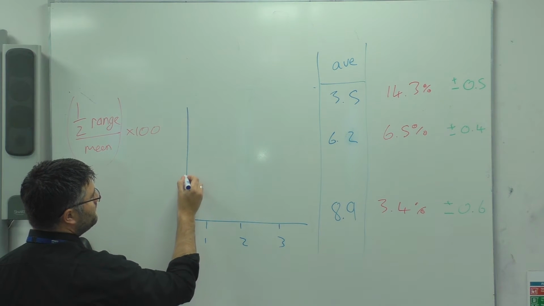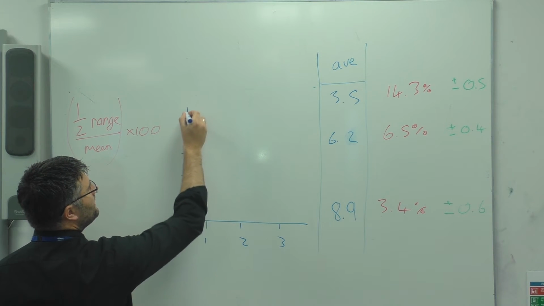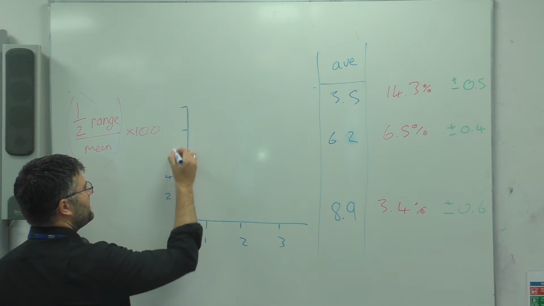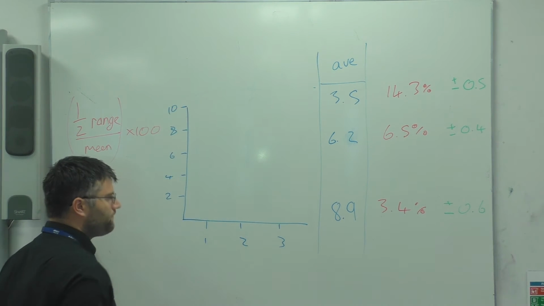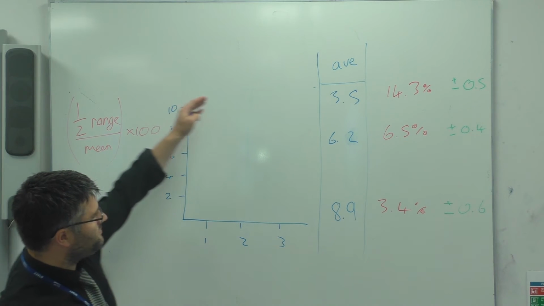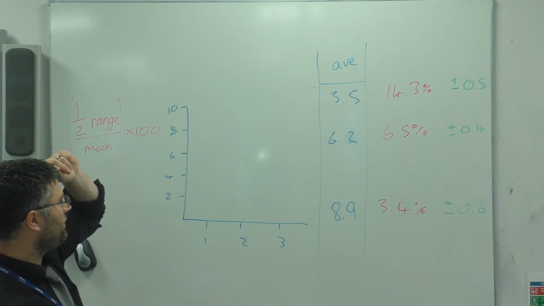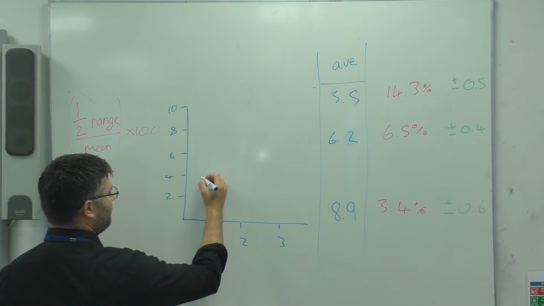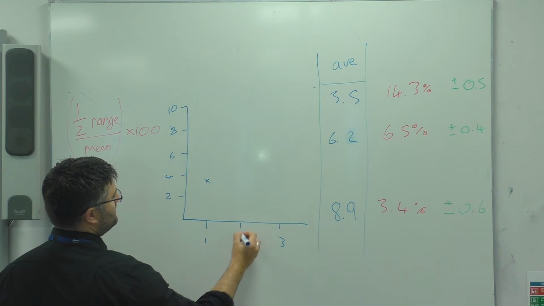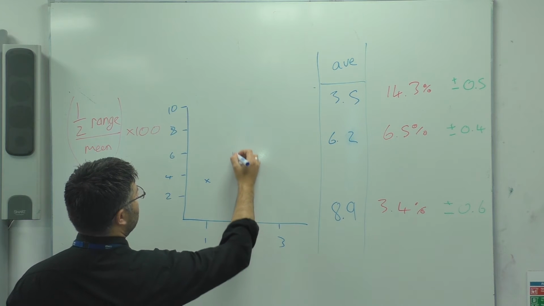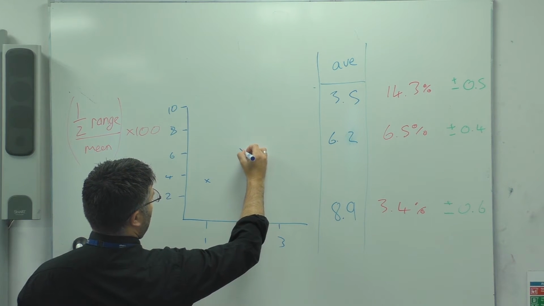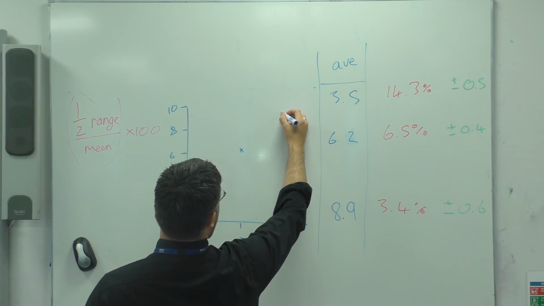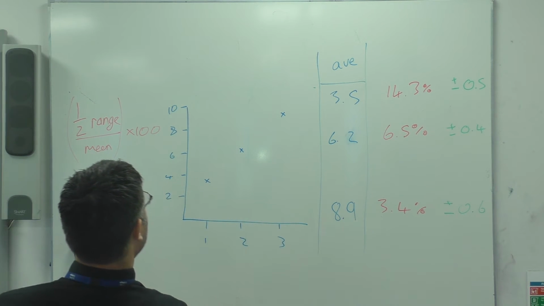So we've got 2, 4, 6, 8, 10. Okay, so this bar represents these values that we're going to go for here. So we can actually plot these now really nicely. The first one is 3.5, so it's about there. 2 is 6.2. 3 is 8.9. Yeah, that's about right.